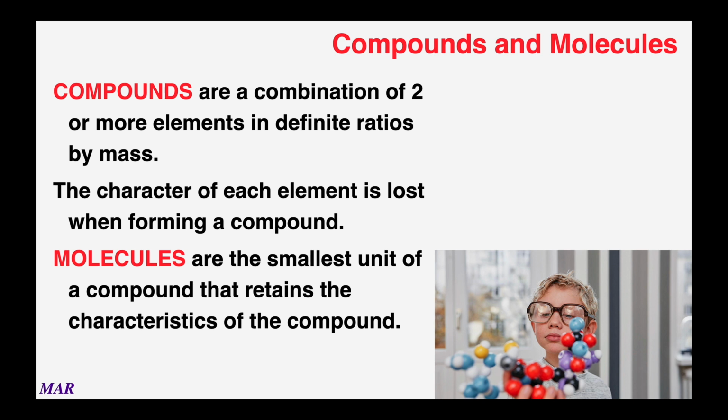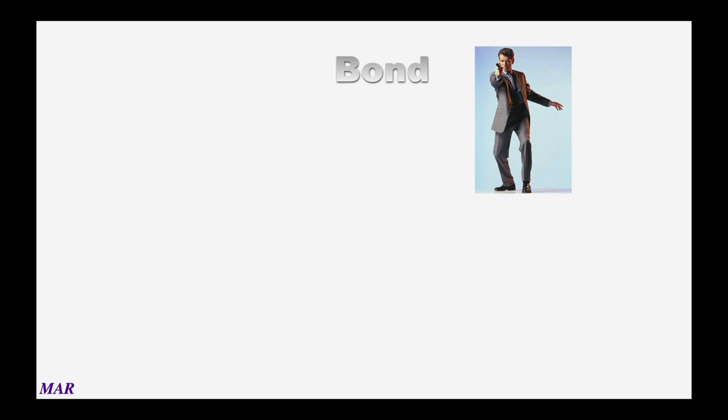Now, as you break a compound down, you finally get down to the smallest piece of the compound, called a molecule. If you break a molecule up, it will no longer have the properties of the compound. Remember that the smallest piece of an element is an atom. So if you broke a molecule up, you'd probably be breaking it up into atoms, and you'd have different properties from there.